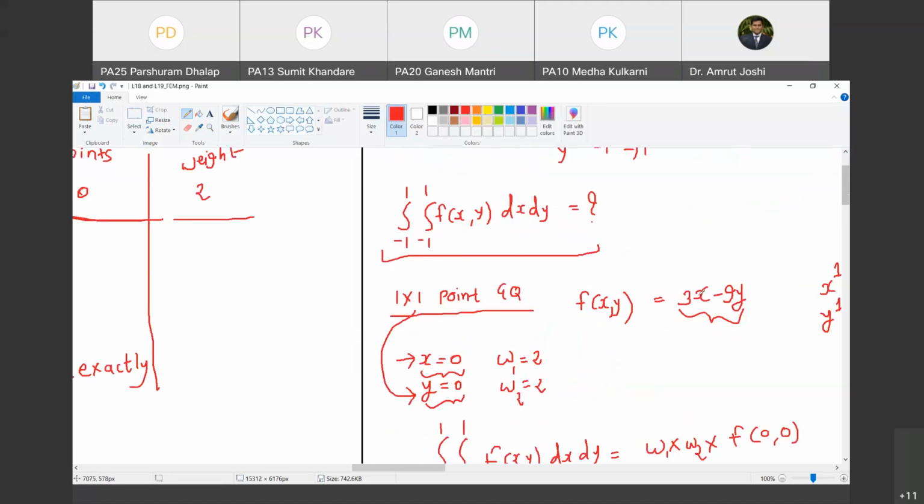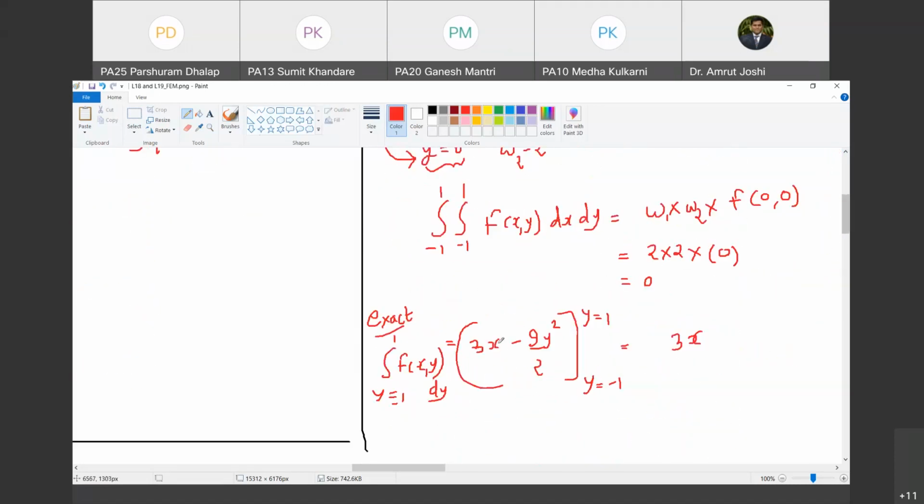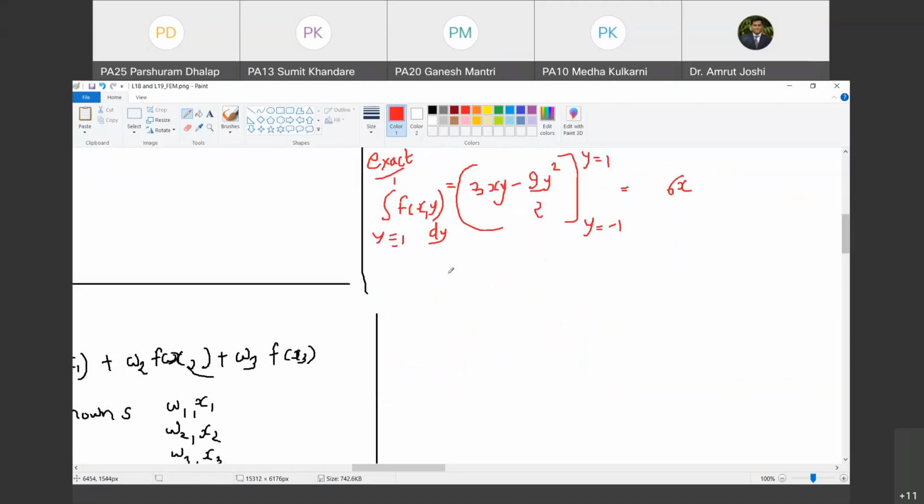I'm sorry, when you integrate it with reference to y, x is treated as constant, so it is going to be 3xy. Are you with me? Yes, sir. So 3xy will now become 6x. Happy? Yes, sir. And now you are going to integrate it with reference to x from -1 to 1, so x equal to -1 to x equal to 1, 6x dx.